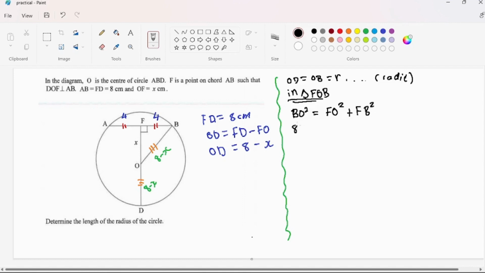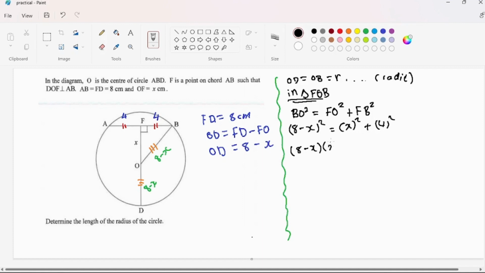So BO, we know BO is 8 minus X squared, and then FO is X, and then FB is 4, right?